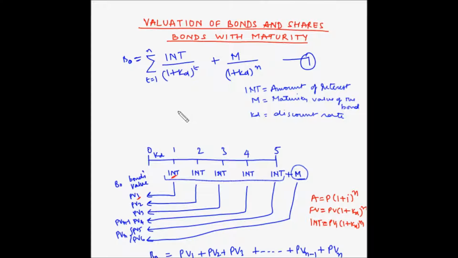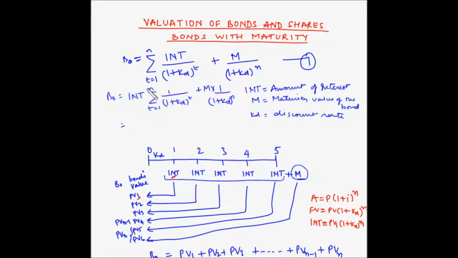So that is another way. So basically, we can also write this formula as INT sigma t is equal to 1 to n, 1 divided by 1 plus KD to the power t, plus M into 1 divided by 1 plus KD to the power n.